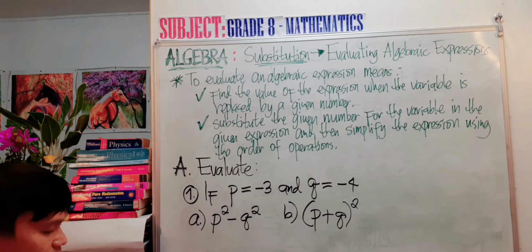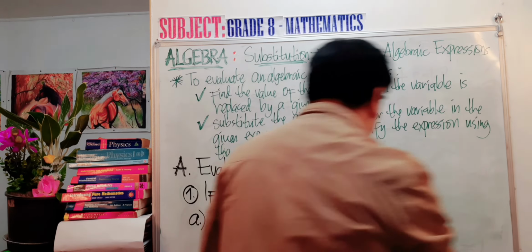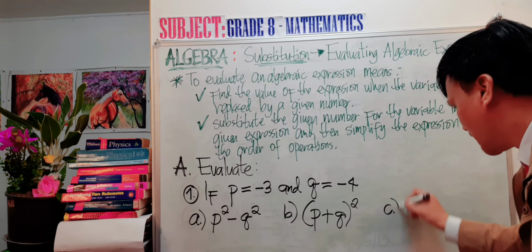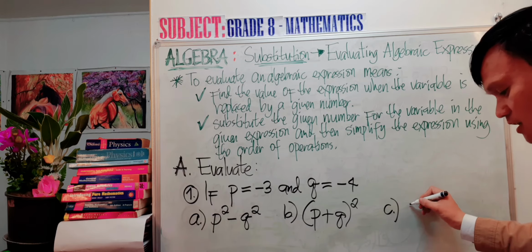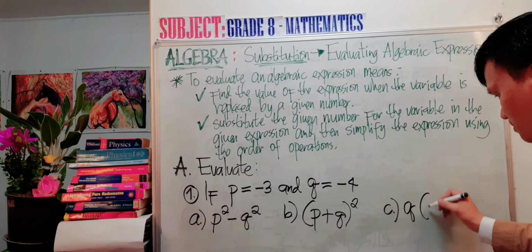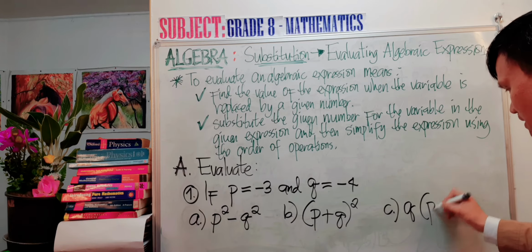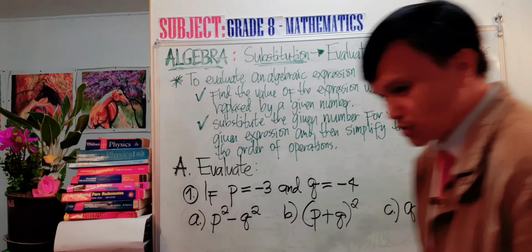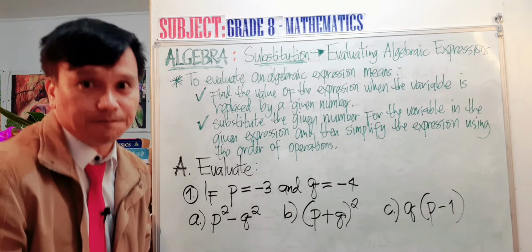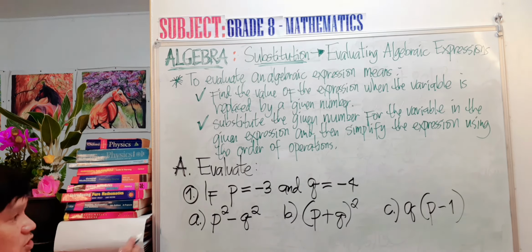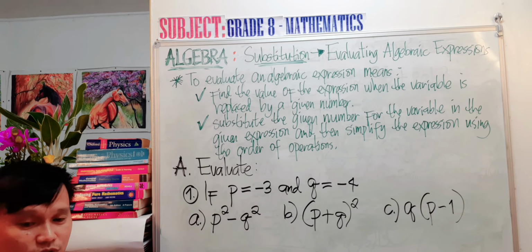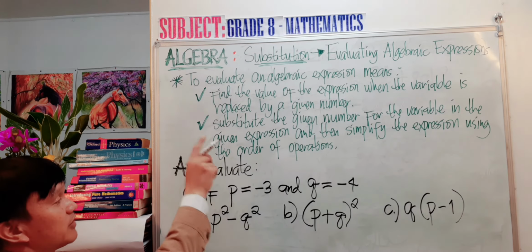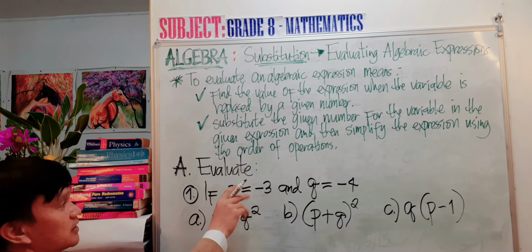And the third one, letter C, is Q times the bracket P minus 1. All right. So this is the usual question that you will encounter. So you have to substitute. That is what evaluation of the expression means.